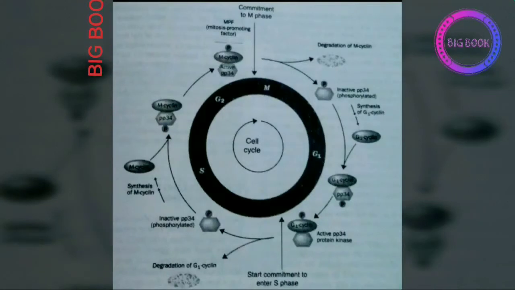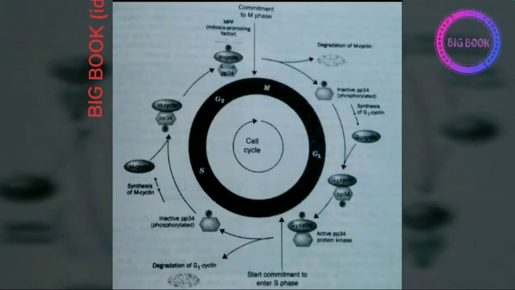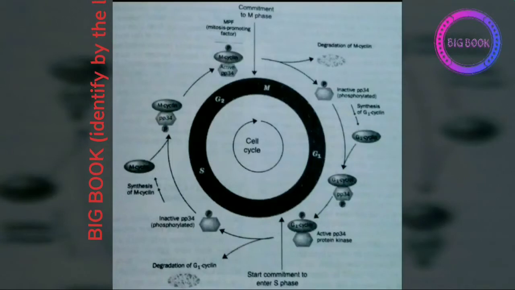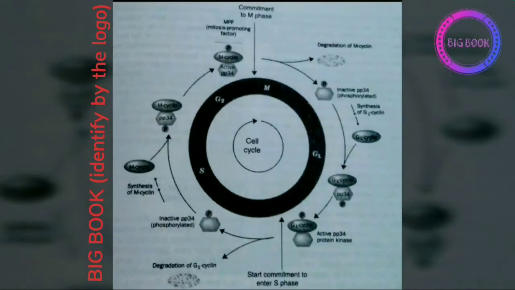Hence, this is how the cyclins and the protein factor, the inactive p34, form the complexes to initiate the synthesis of the DNA and to initiate the mitotic phase, which is a precise phase that we are discussing in different concepts of the cell cycle.